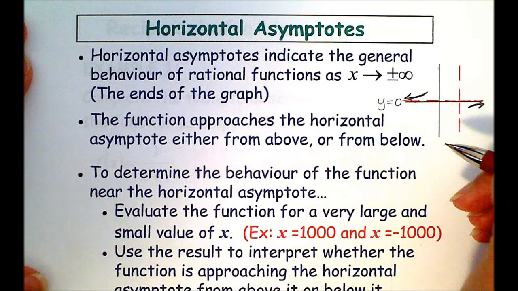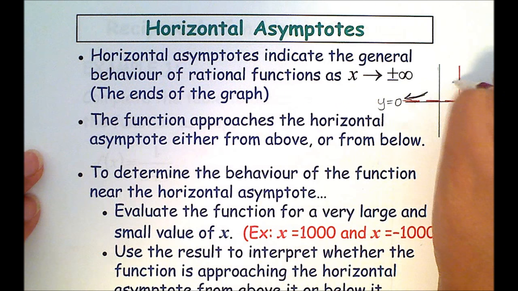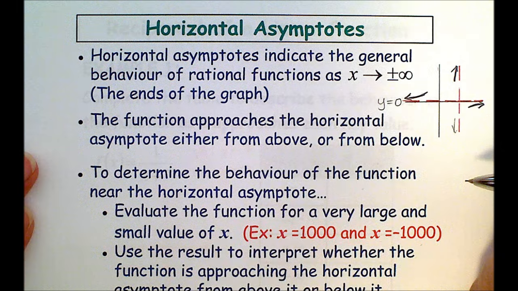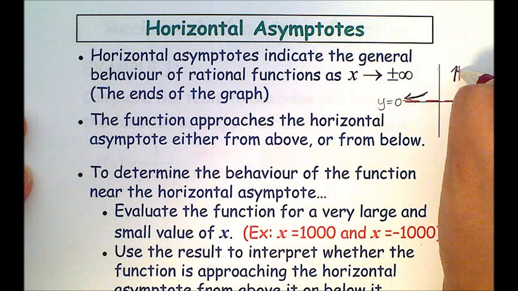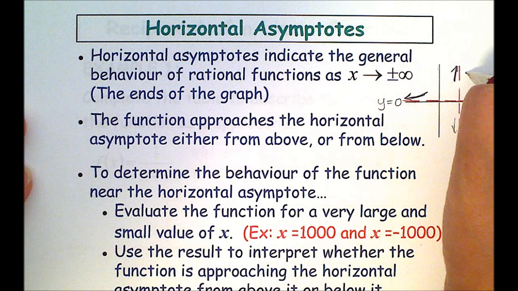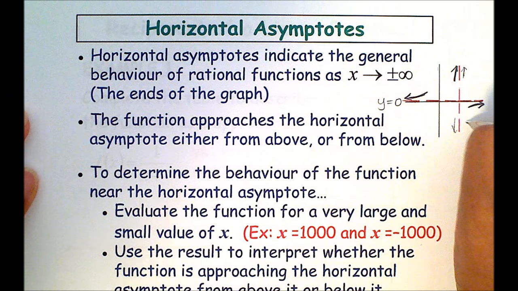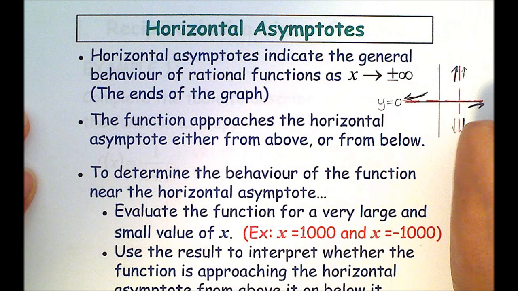That's what I'm trying to figure out. In the same sense, if I look at the function on the right-hand side of the vertical asymptote, same idea, I want to know if it's approaching positive infinity or negative infinity. Okay, so those are the kinds of things you want to think about. That's the list of things that we're going to be thinking about when we graph the example shortly.